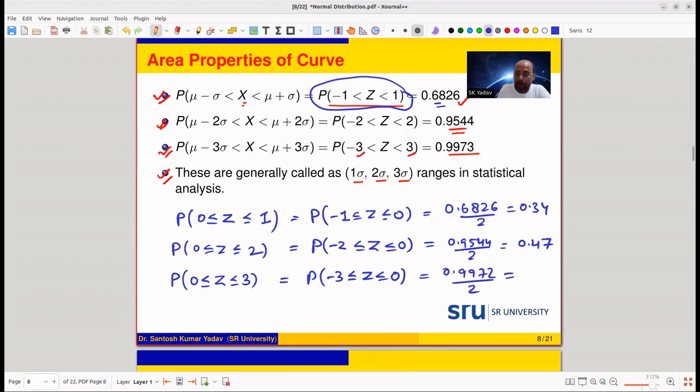So this will be equal to around 0.49 up to 2 decimal places. So now this is the overall summary of the area property of the curve. Depending on the z values obtained in the problems, you can use these area properties, or you can use z table values.